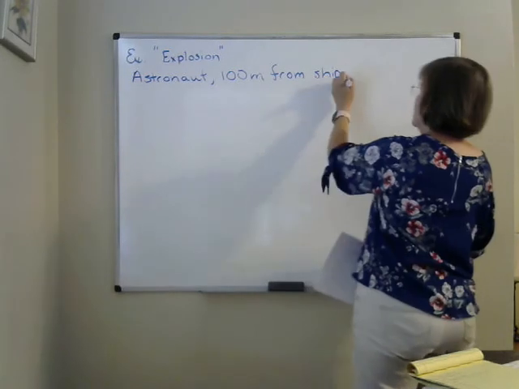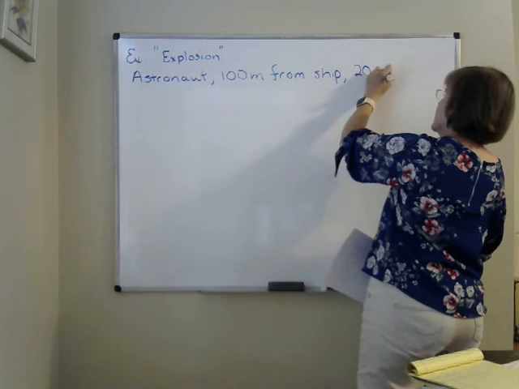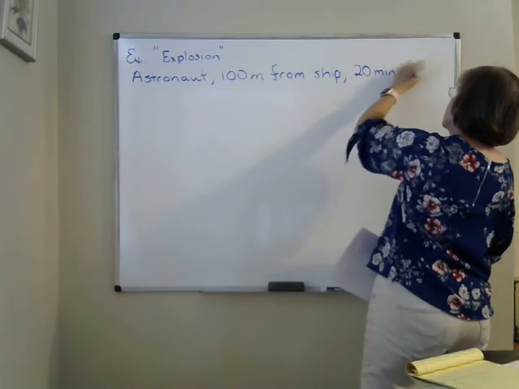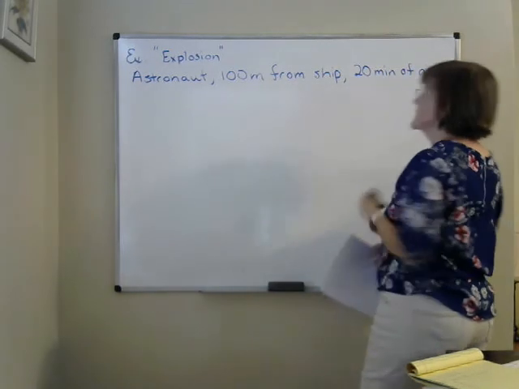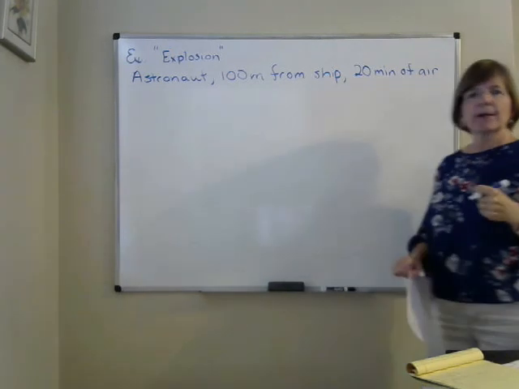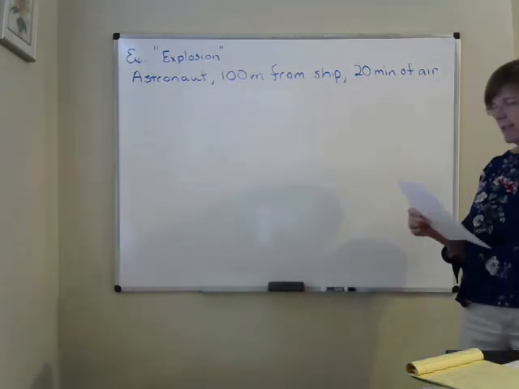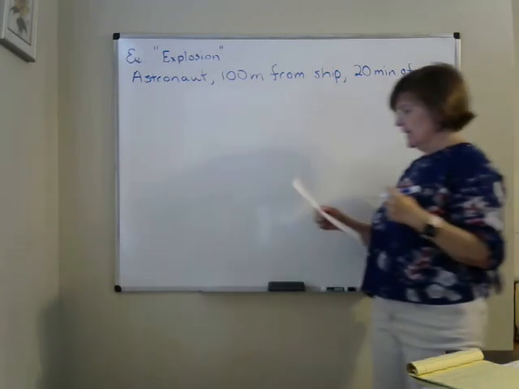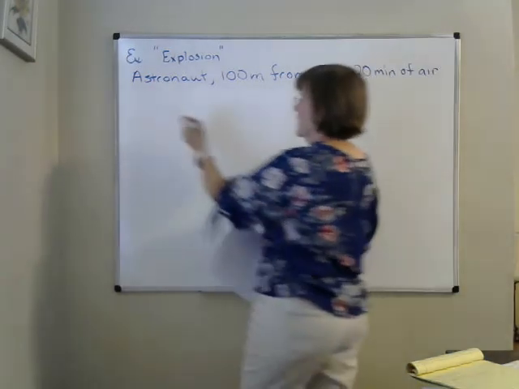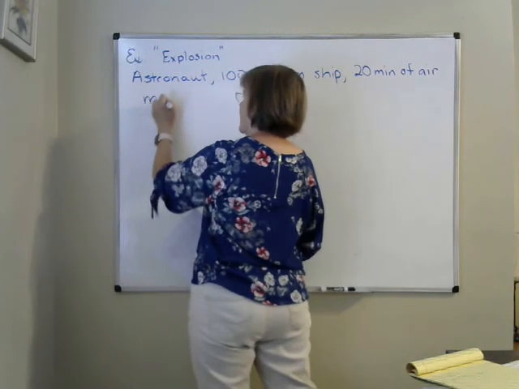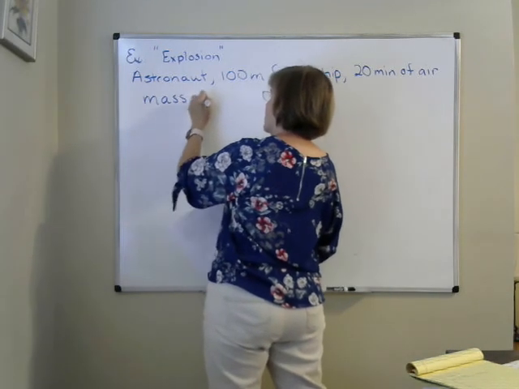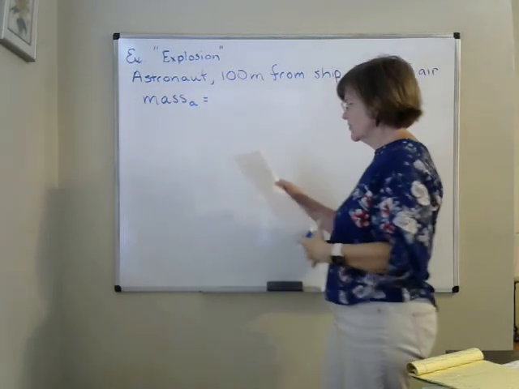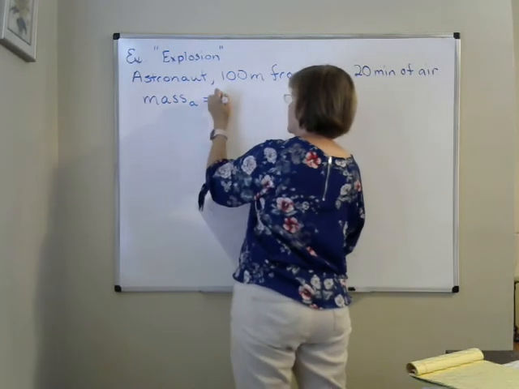She has 20 minutes of air. So she needs to get back to her ship in under 20 minutes or she's going to die. The mass of the astronaut, with all of her gear, everything she's wearing, is 100 kilograms.